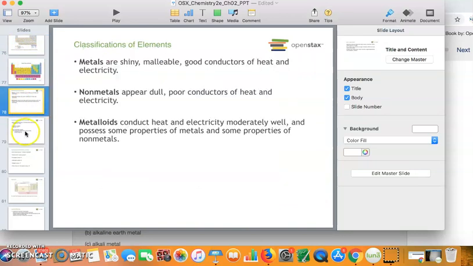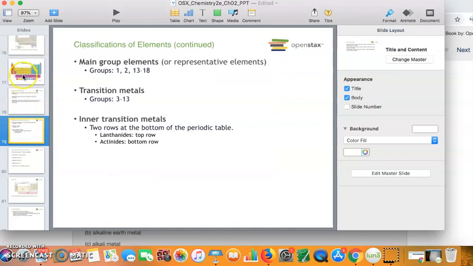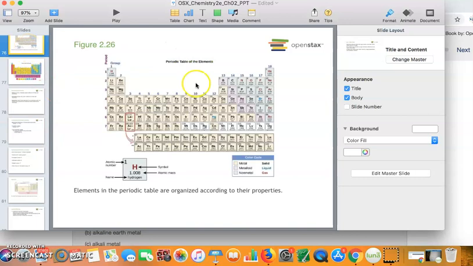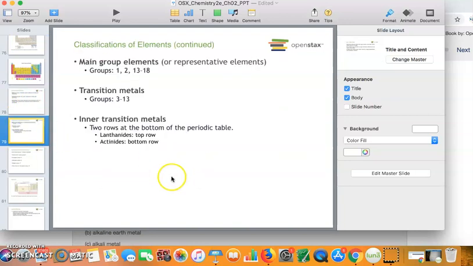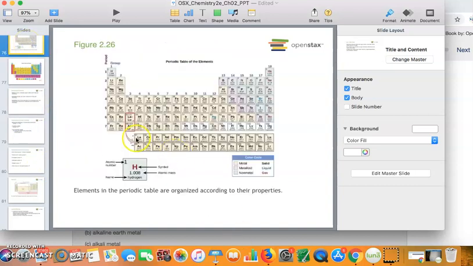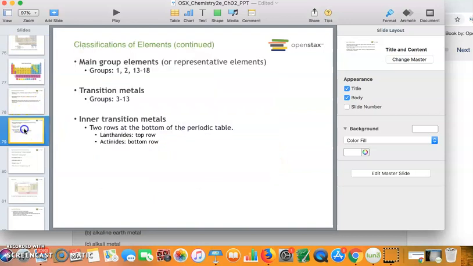All right, so here the transition metals are 3 through 13. So here we have some transition metals too. And then inner transition metals are the 2 rows at the bottom, the lanthanide and actinide series. That's what you see here. These are also considered the inner transition metals.